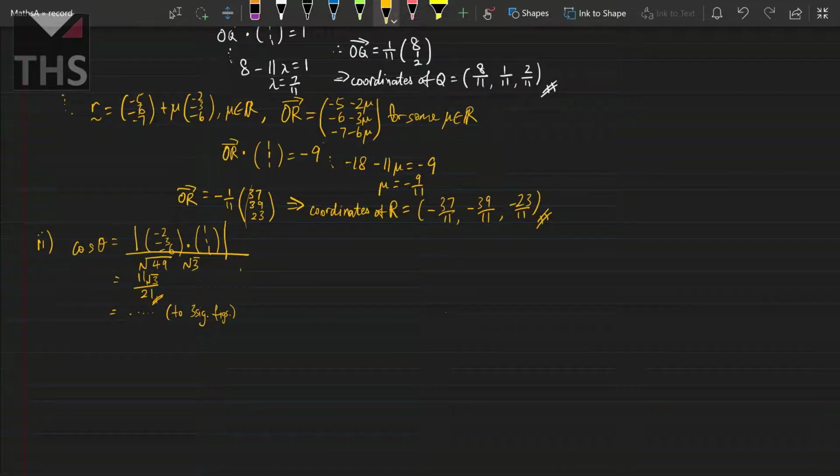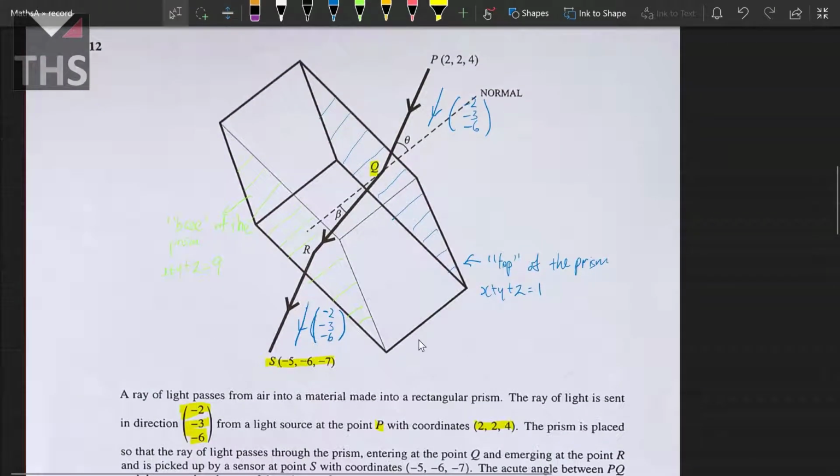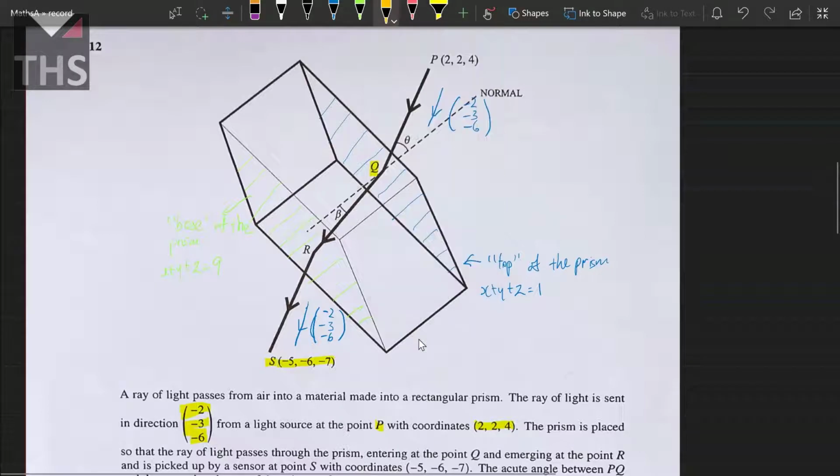Then, the next part, we want to find cosine beta. So again, it's the same process. What do I mean there? See, beta is between this vector and this vector, QR. QR is pointing like that.